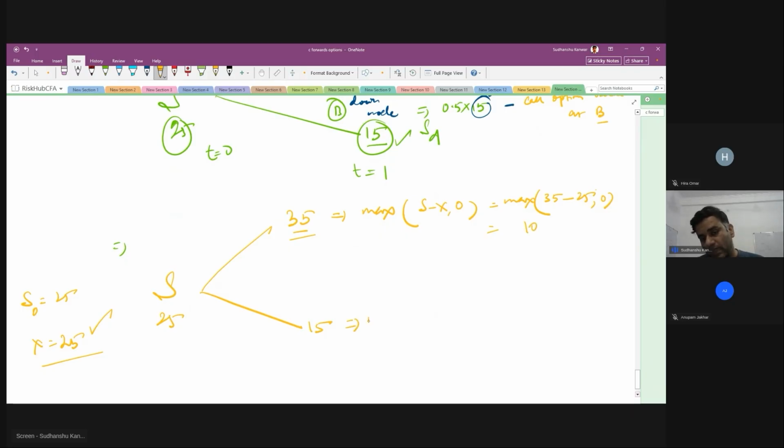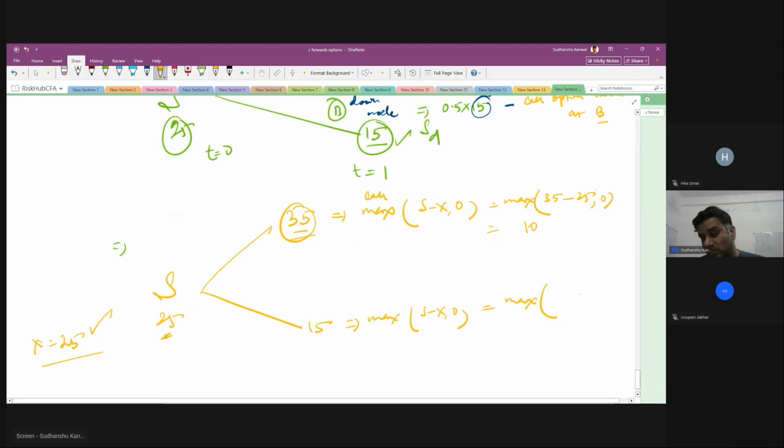Here it is max of S minus X comma 0. This is for call, guys. If it were a put, it is X minus S. How it came, everything we'll discuss in derivatives. Max of, sorry, not 35, it's 15, because take this price, guys, don't get confused. You don't have to bother about this price, because it is at this node.